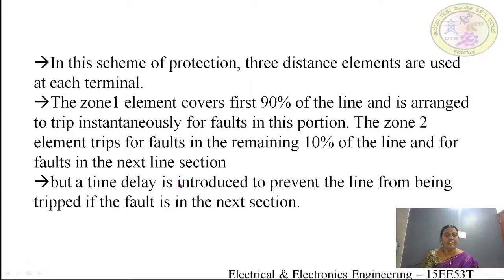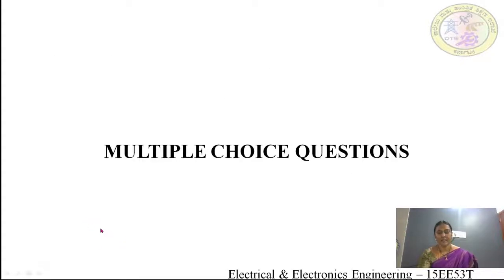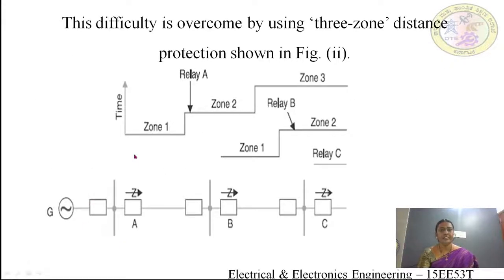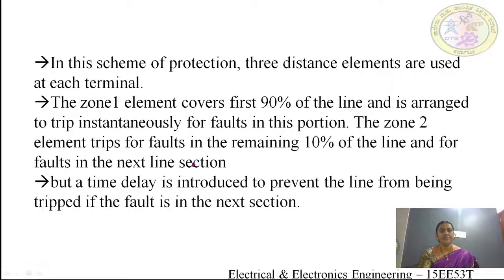But a time delay is introduced to prevent the line from being tripped if the fault is in the next section. Here zone 1 is taken care of by the relay A, that is, 90% is covered by this. Zone 2 covers the remaining 10% by that relay, and like that the remaining relays operate in their zones.